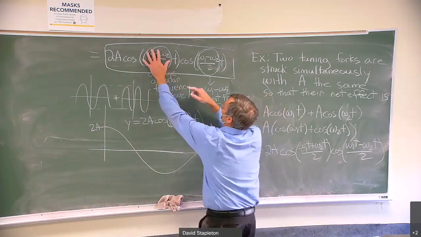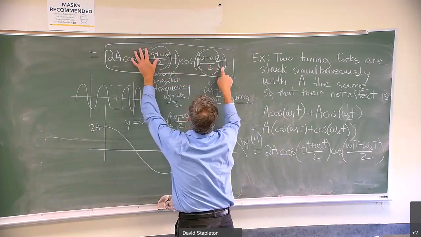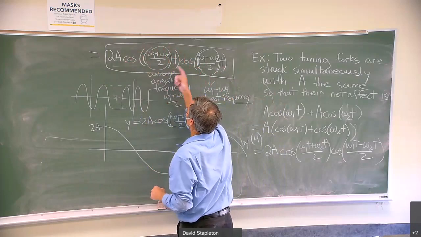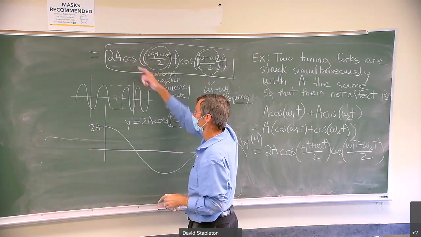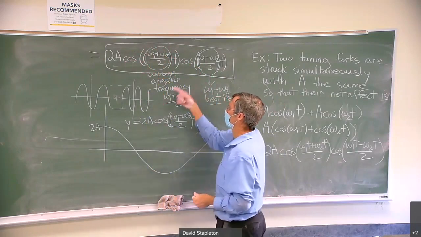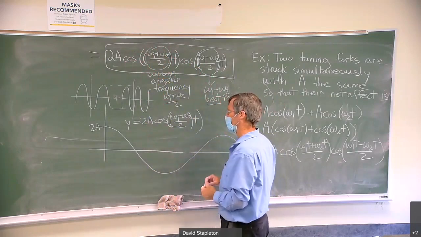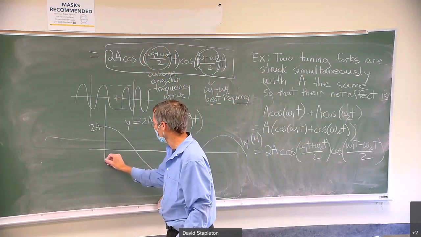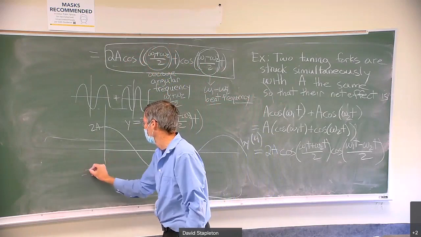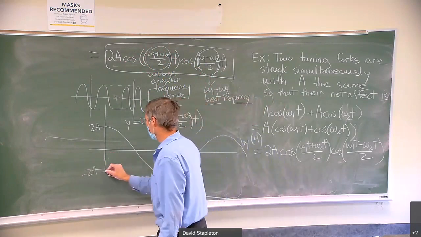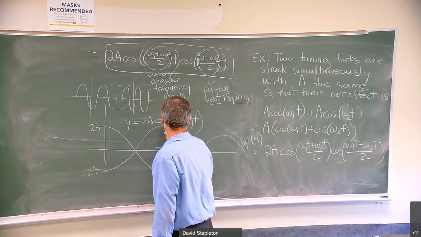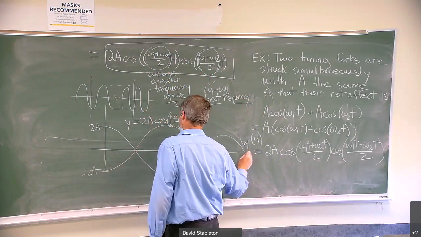Now that's without this. That's just 2a times this cosine part. Now what happens when you multiply it by this cosine function here that wiggles up and down faster between plus and minus 1? You're multiplying this wave by something that goes real fast between plus and minus 1. Well, what we can do is draw down to minus 2a here, where this bottoms out, and draw minus this wave also. It's going to come up through the nodes here like that.